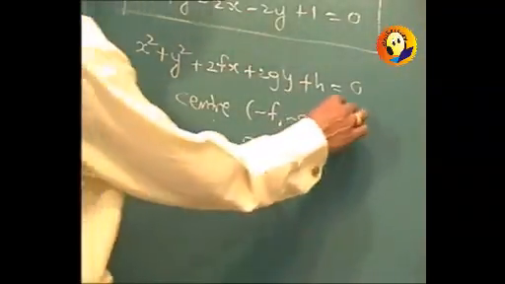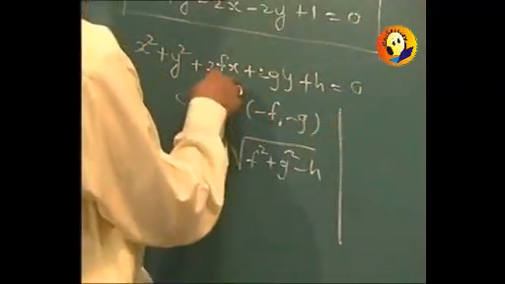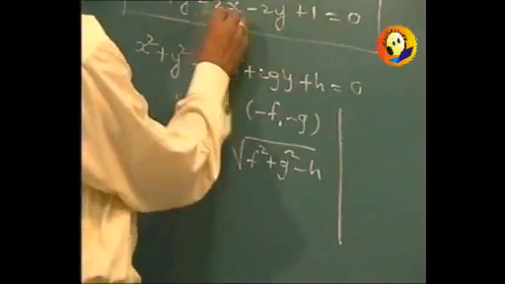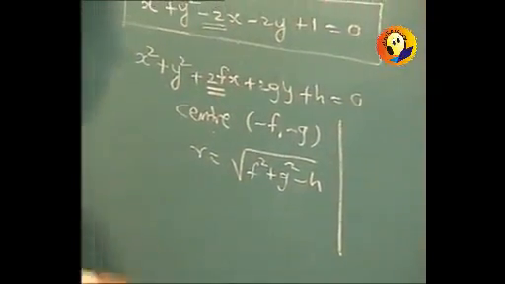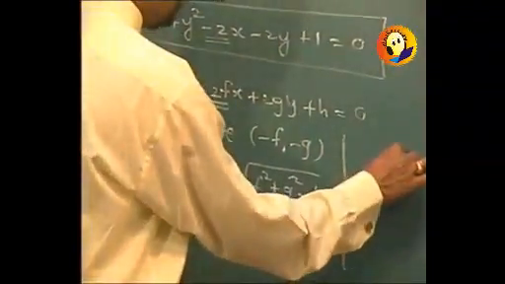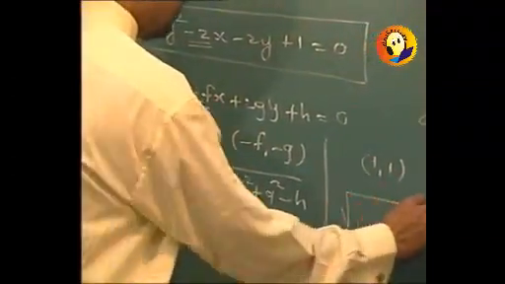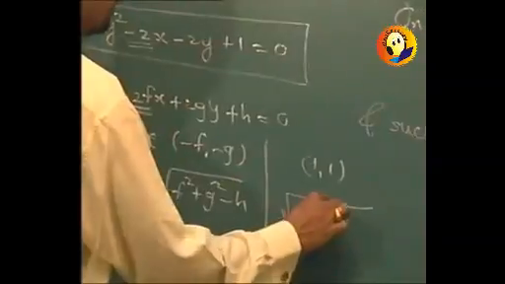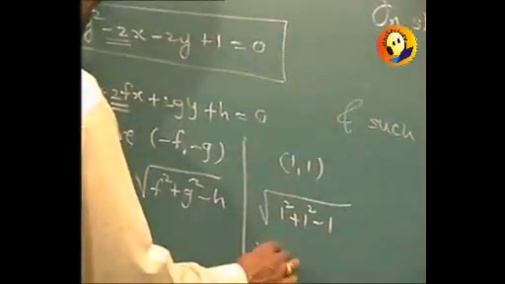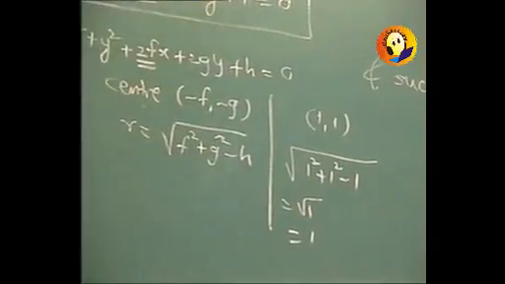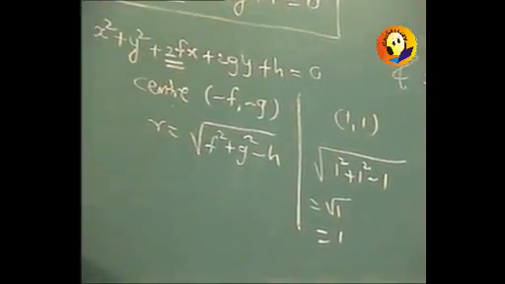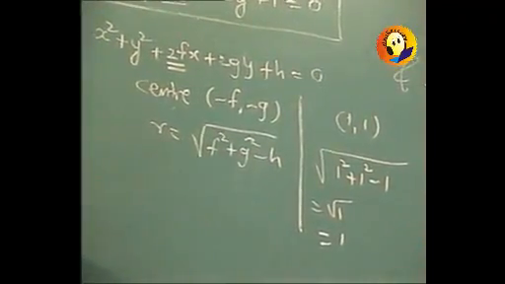So in this case, you can compare minus 2 with 2f and you will get f equal to minus 1. So the center is 1, 1, and the radius will be 1 square plus 1 square minus 1, that is root 1, it will be 1. So it will be a circle having 1, 1 as the center and radius as 1.